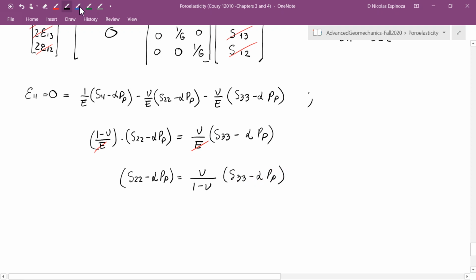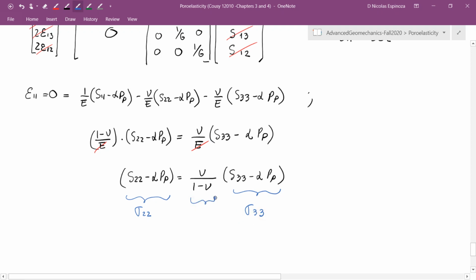Okay, this is an equation that you already know. If you remember, this is what will be the effective horizontal stress, I'm sorry, and this will be the effective vertical stress.